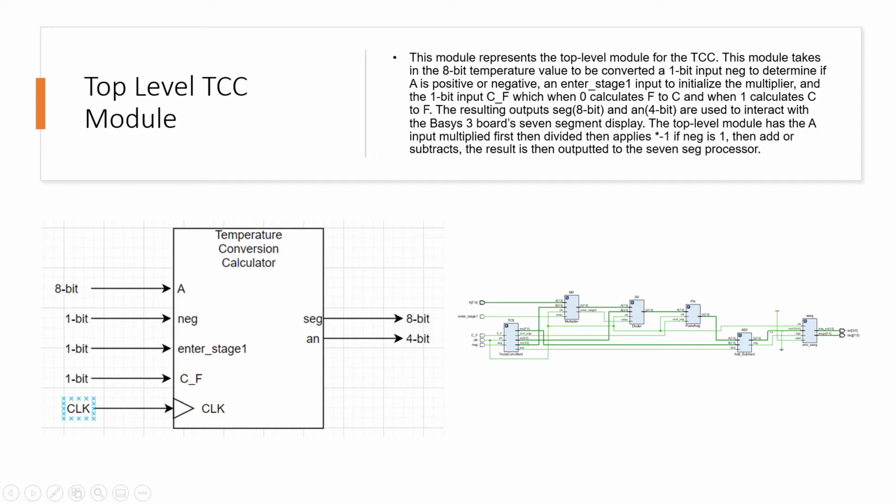Enter stage 1 is what starts the process of the calculations, and CF decides whether the conversion is from Fahrenheit to Celsius or Celsius to Fahrenheit. The 2 outputs, seg, an 8-bit output, and an, a 4-bit output, are used to communicate directly with the onboard Basys 3 7-segment display.